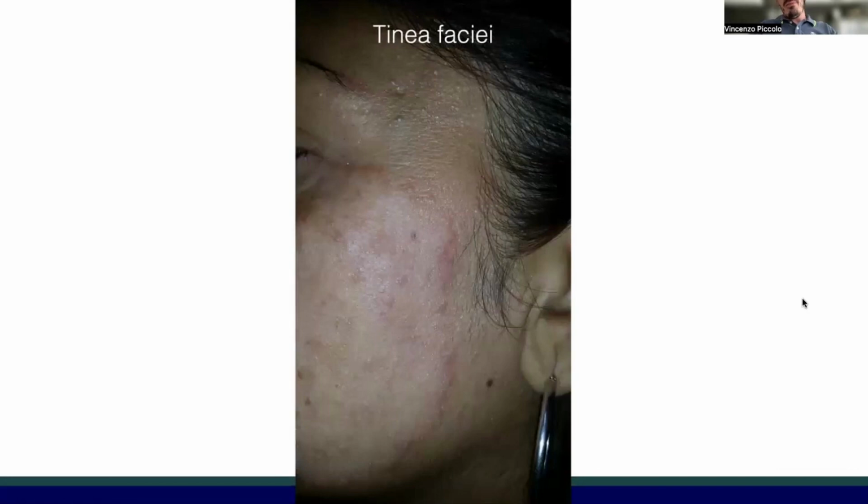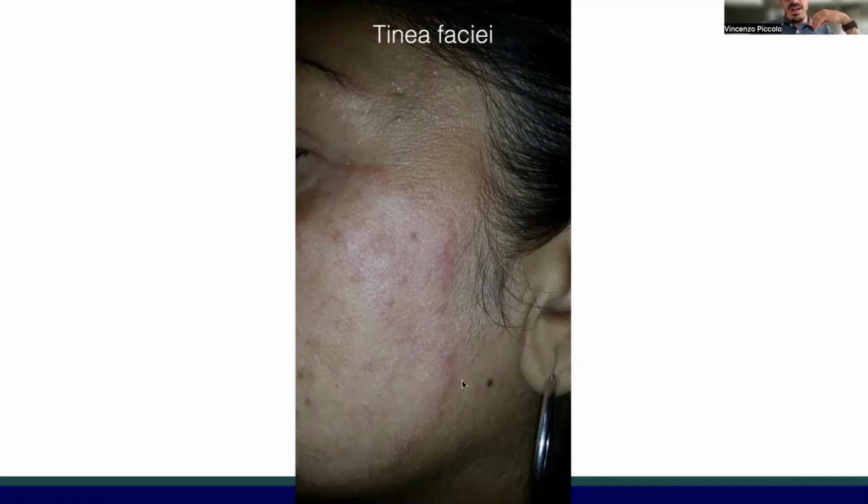As concerning tinea faciei or ringworm of the face, it is probably not the most common location of ringworm. It is secondary to an infection by a dermatophyte. The diagnosis is often overlooked in these patients because there is a delay, because we usually think of eczema, seborrheic dermatitis, rosacea on the face, acne, and so on, but we never think of a ringworm.